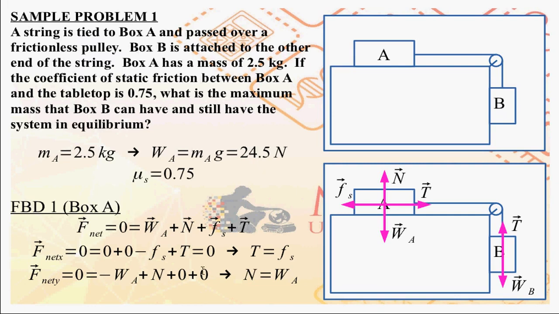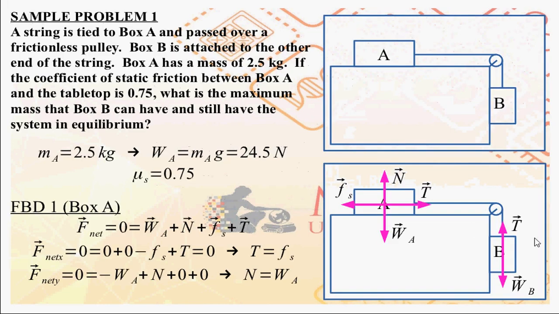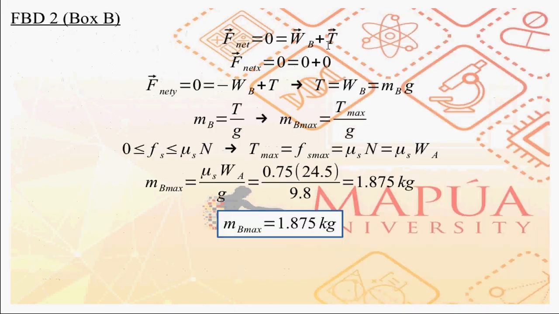Moving now to the other free body diagram, FBD 2, box B. Fnet is equal to 0. Fnet is the summation of the forces acting on box B. You have tension and weight. So, tension plus weight is equal to 0.